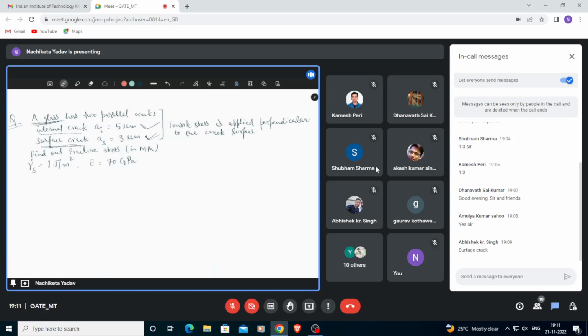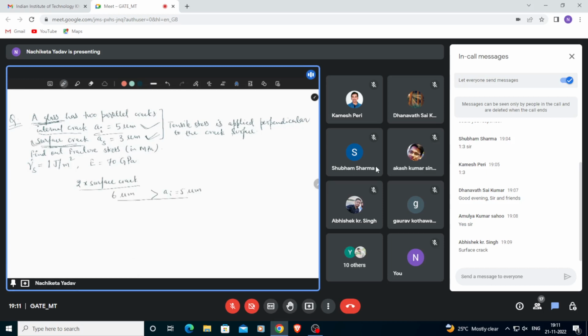If it is on the surface, then there will be no constraint, and if it is inside the steel matrix or any sample, then there will be some constraint from both sides, from all dimensions. Therefore if we multiply 2 into this surface crack, the value will be 6 micrometer, which is greater than your internal crack value, which is 5 micrometer. That's why we will use the surface crack.